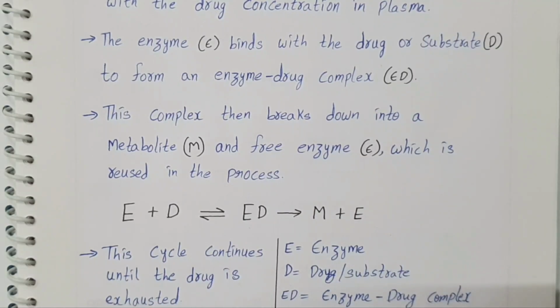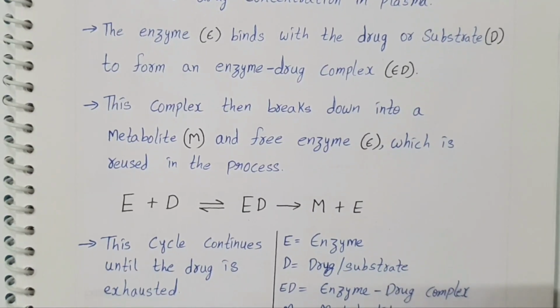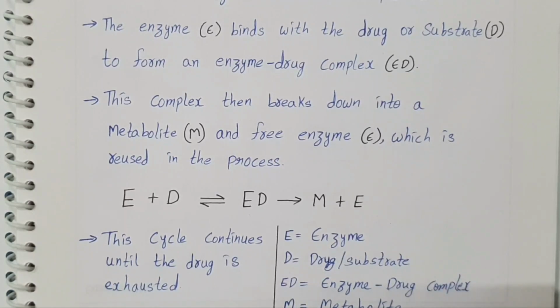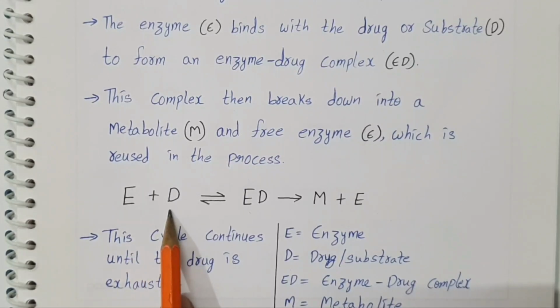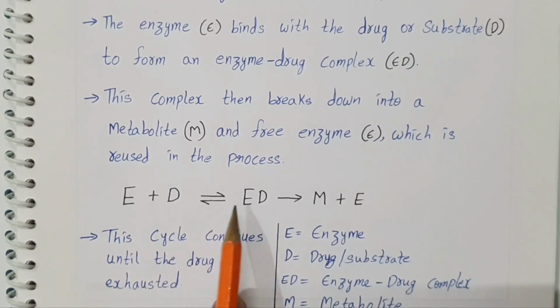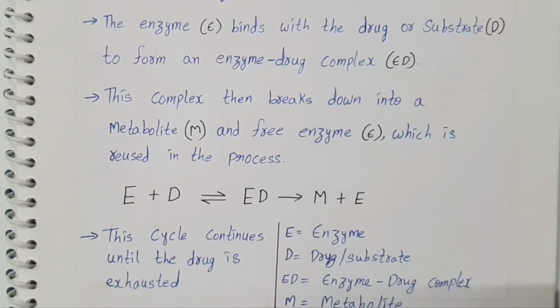This cycle goes on until all the drug is exhausted or gone. So here E is enzyme, D is drug or substrate. They form a complex and M is known as metabolite.